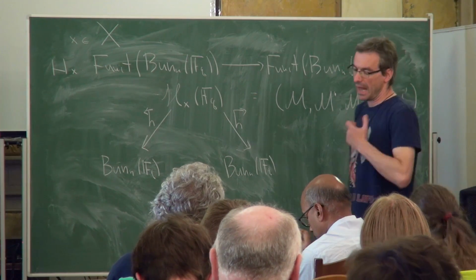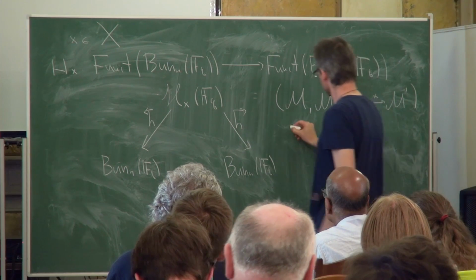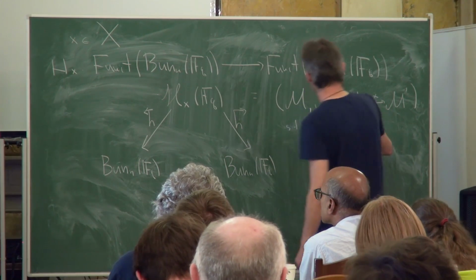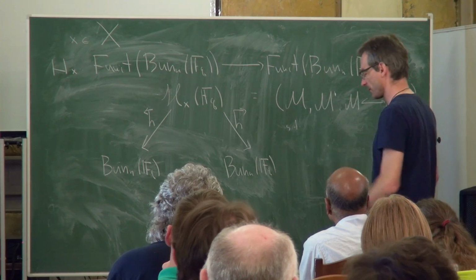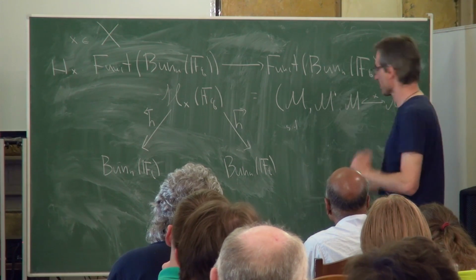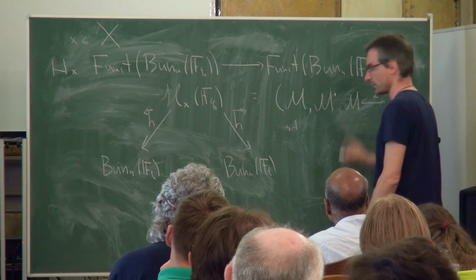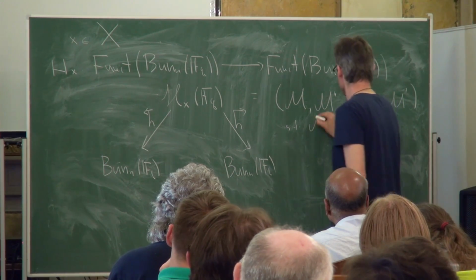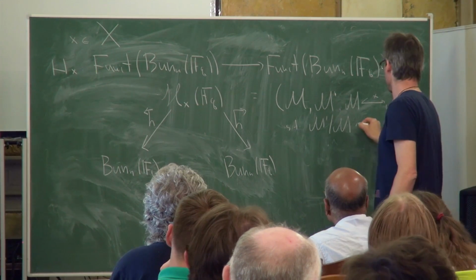It's an embedding of coherent sheaves on the curve of the same generic rank. So the quotient is necessarily torsion, and the condition is on what this torsion looks like. The condition is that the quotient is isomorphic to the skyscraper at the point x.